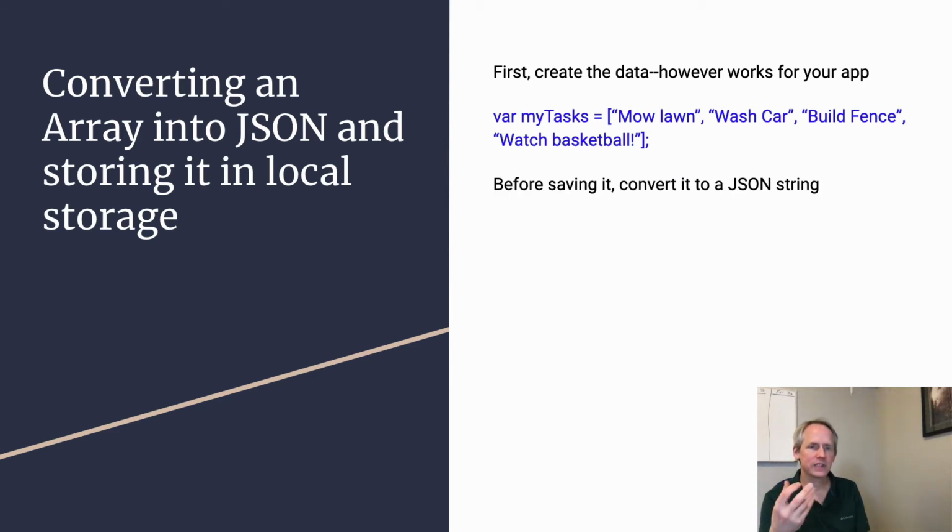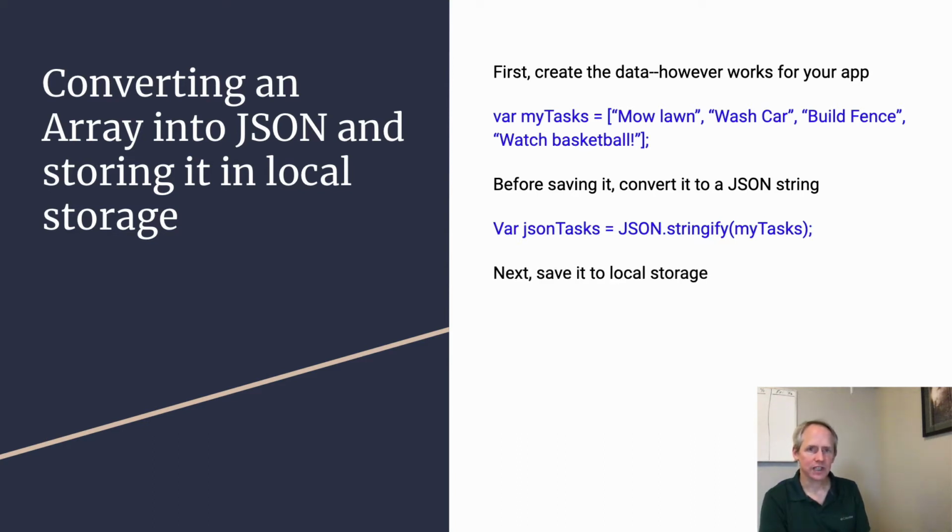And then before we save it, we need to convert it into a JSON string. We say var, no capital V there, sorry about that, var jsontasks equals JSON.stringify(mytasks). And then we're going to save that to local storage. localStorage.setItem, tasks is going to be the key, and jsontasks will be the value.